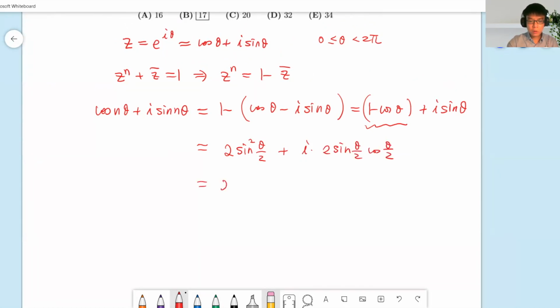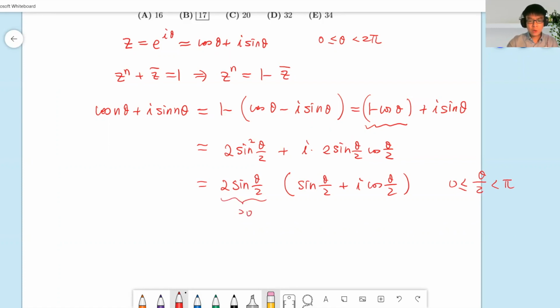We can factor twice sine half theta. This is sine half theta plus I cosine half theta. Right. Now we have theta between 0 and 2 pi. So half theta is between 0 and pi. So sine must be positive. This should be positive. Okay, not negative.